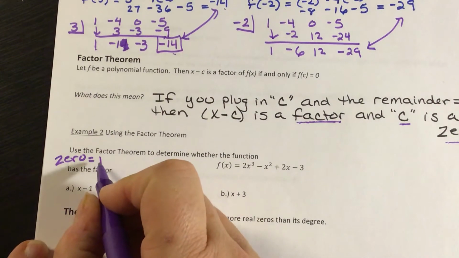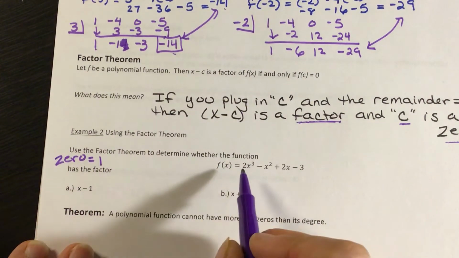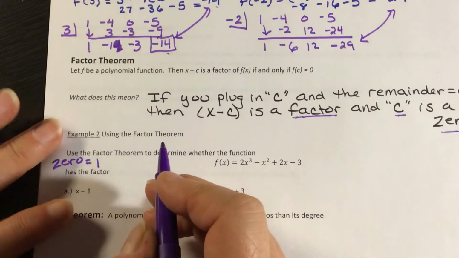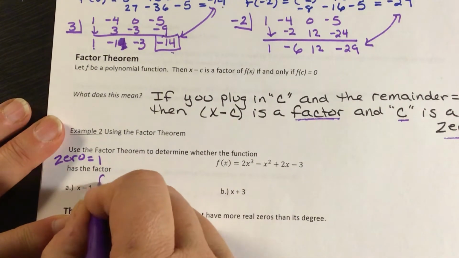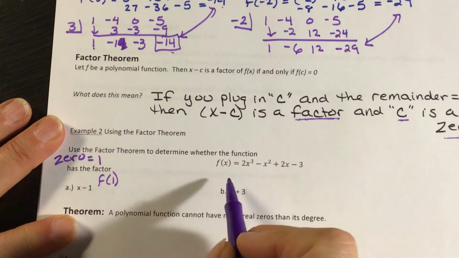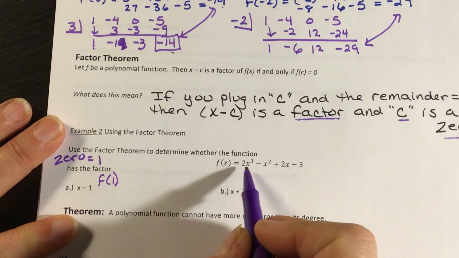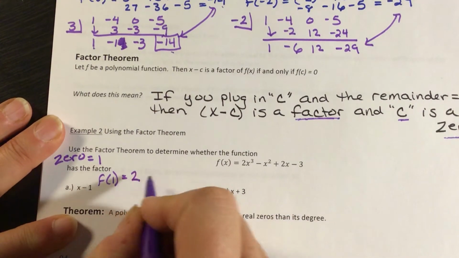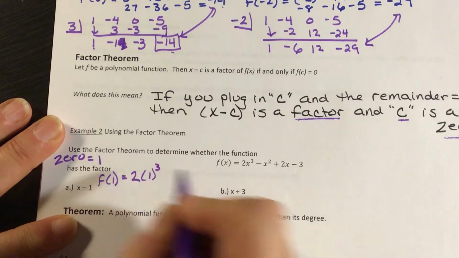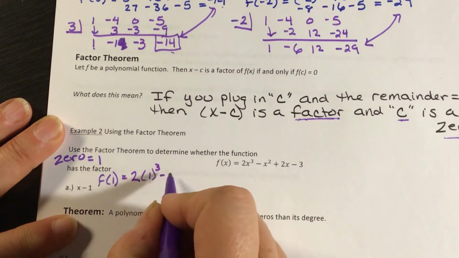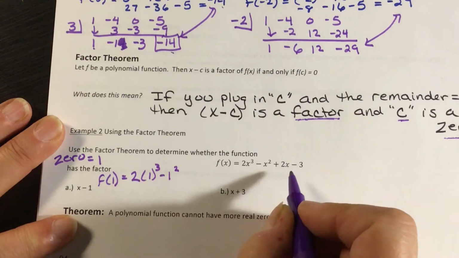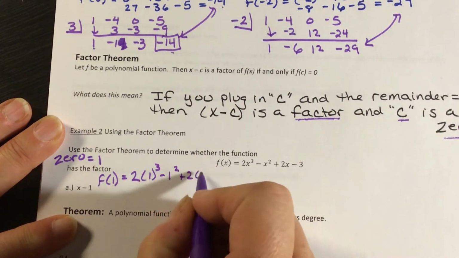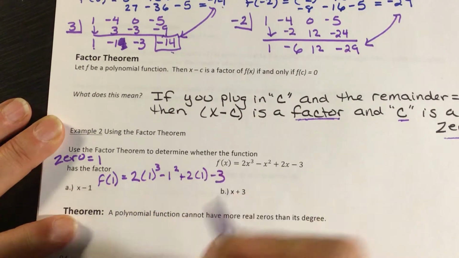So I can take 1 and plug it into my function. If I find f of 1, I'm plugging in 1, so I have 2 times 1 cubed minus 1 squared plus 2 times 1 minus 3.